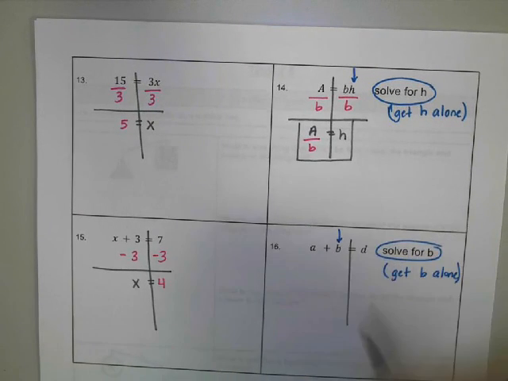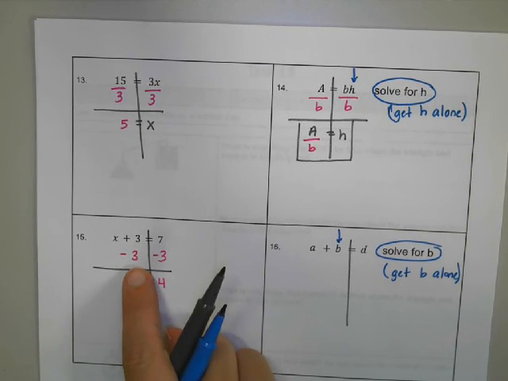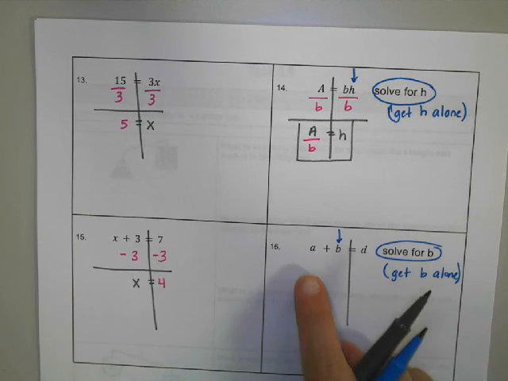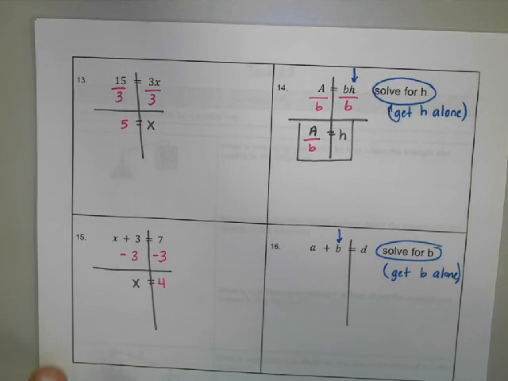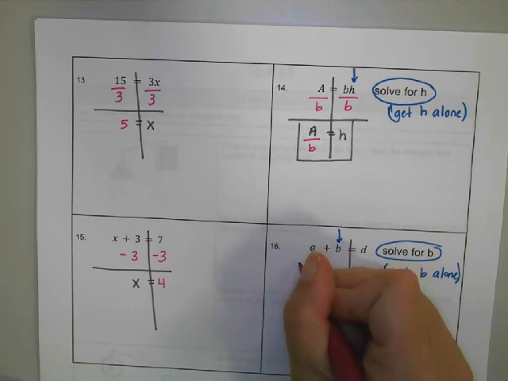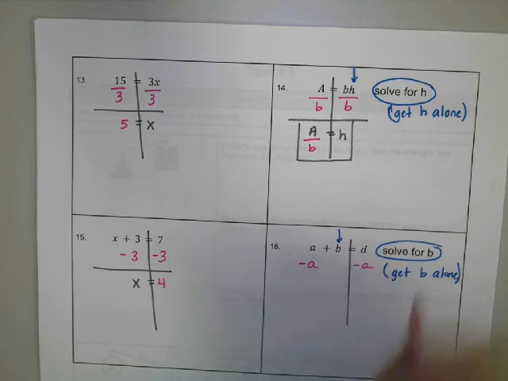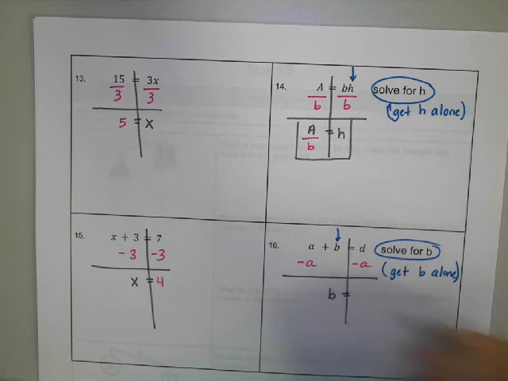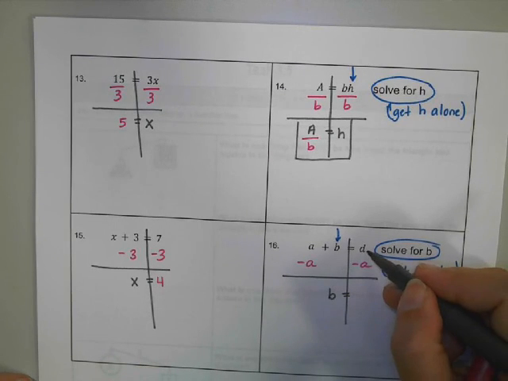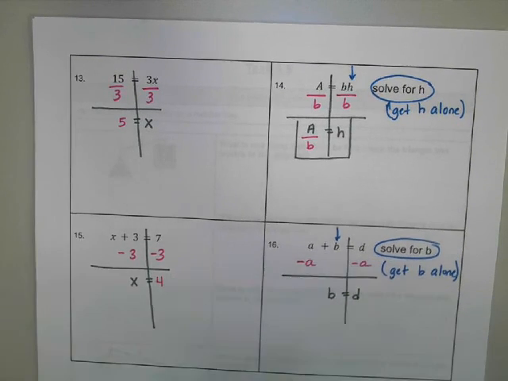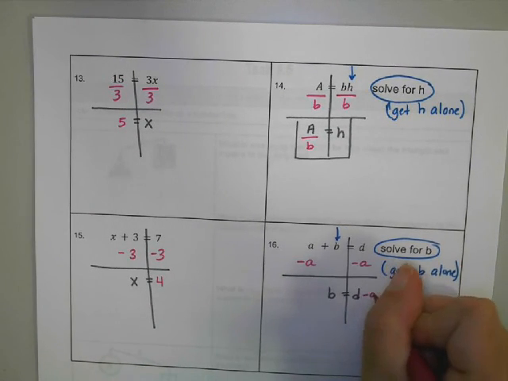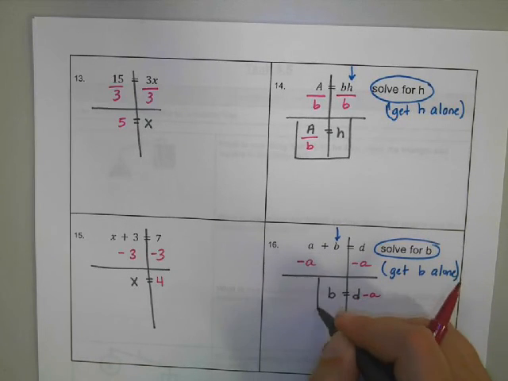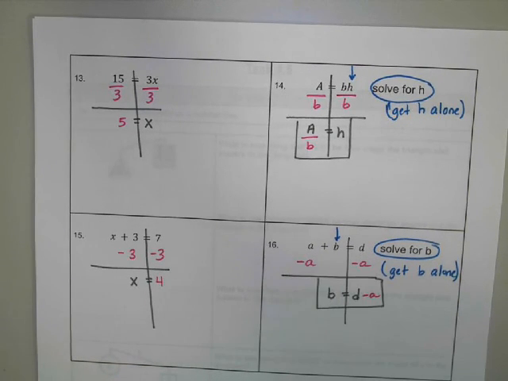Now, just like here, when we had x plus 3, we had to minus 3 to get x by itself. Here we have a plus b, so we're going to have to minus a to get b by itself. So I'm going to have b equals, and now I don't know what d is and I don't know what a is. So my final answer is just going to be d minus a because those are not like terms and I can't simplify them.